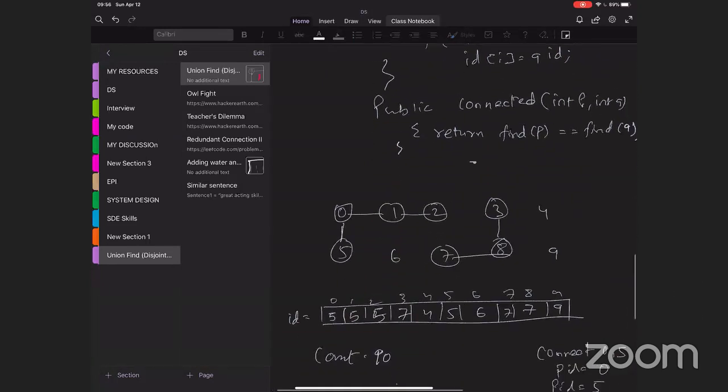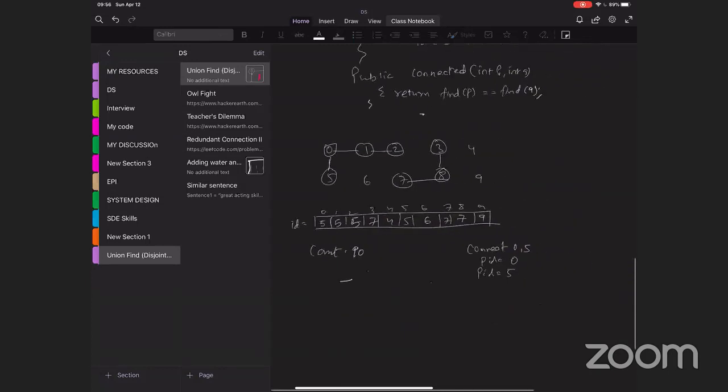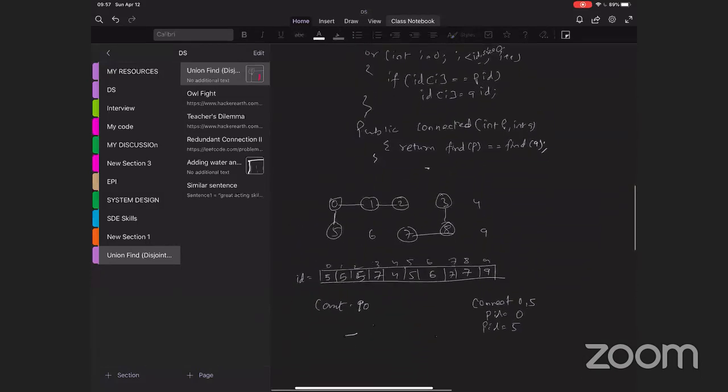Any doubt about this? Quick question: can we say that all the nodes are distinct here, or can they be the same? Like, can 5 repeat somewhere?